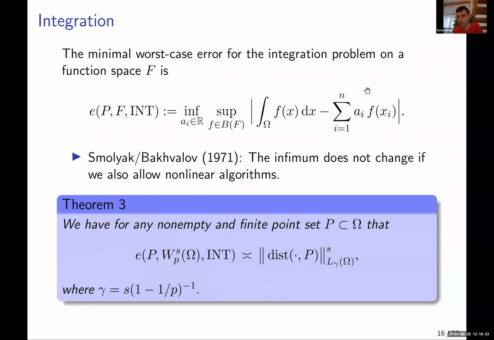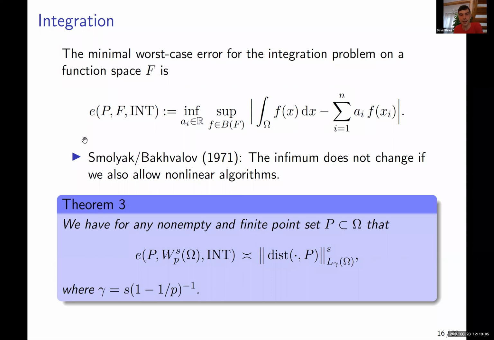So this is some quadrature rule. And we take the worst case over the unit ball of the domain. You may also view this as the operator norm of the integral operator minus this linear sampling operator, and you take the infimum over all algorithms, in this case only the linear algorithms.